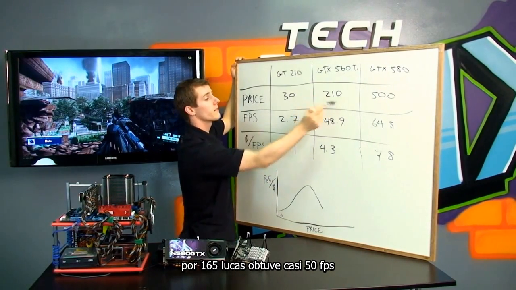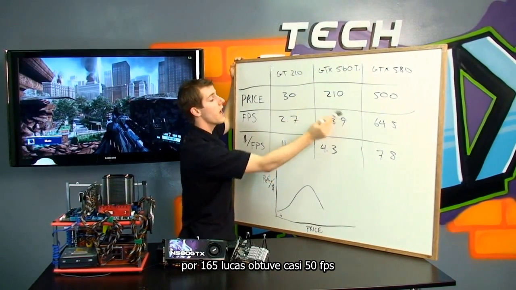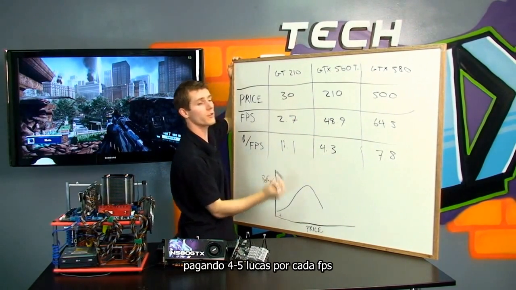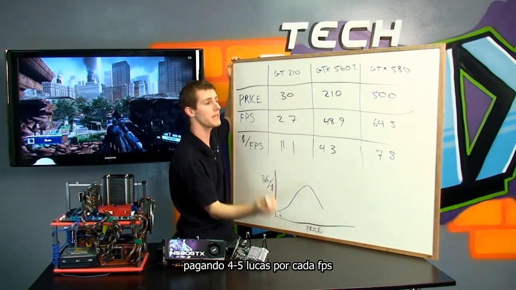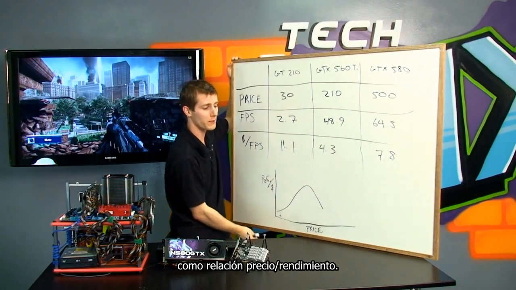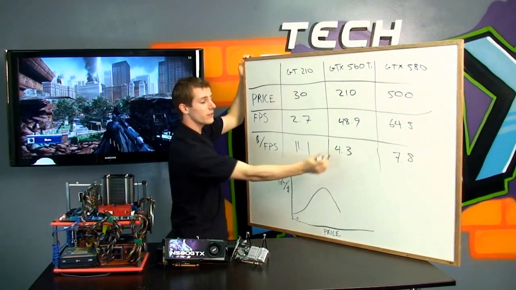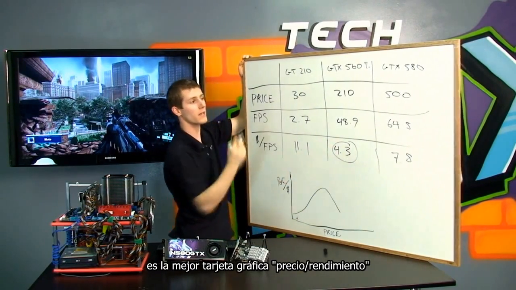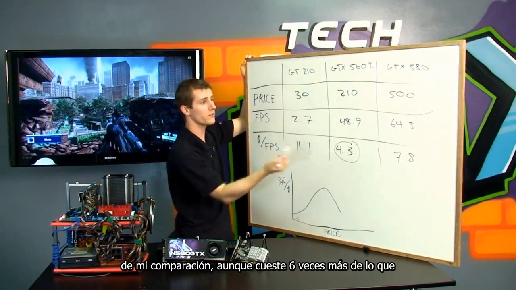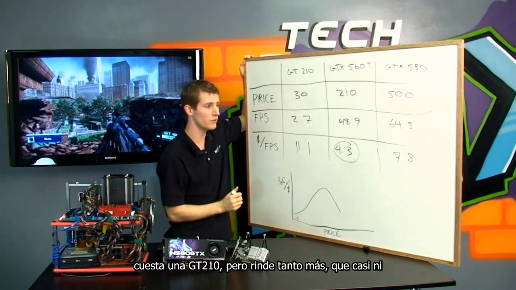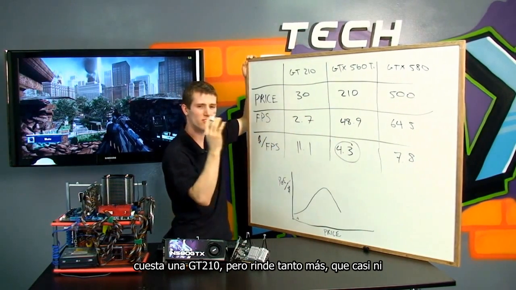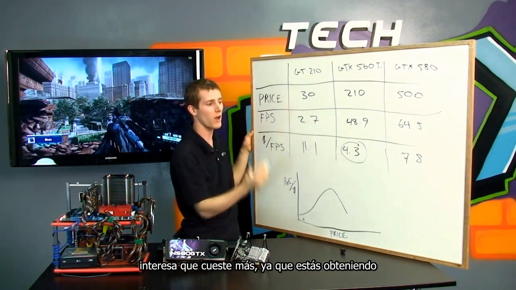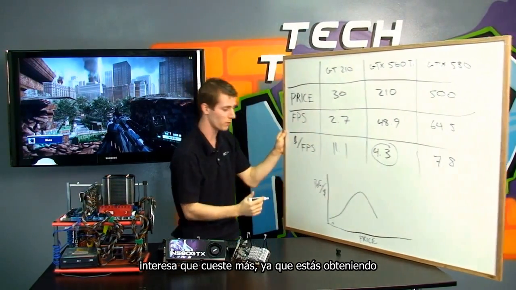So I get, for $210 or even $250, almost 50 frames per second, which works out to somewhere in the $4 to $5 per FPS as a price to performance ratio. So that is clearly, since lower is better, the best value card in my comparison, even though it costs 6 times what a GT210 does. It outperforms it by such a significant ratio that it doesn't even matter that it costs more because you're just getting so much more for your money.